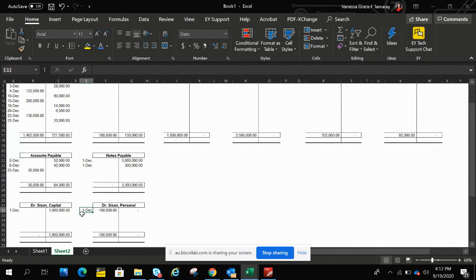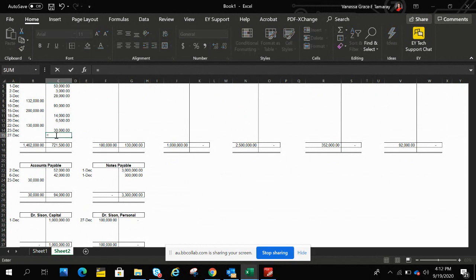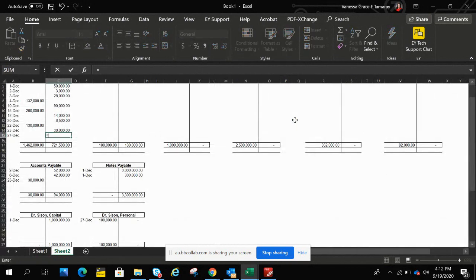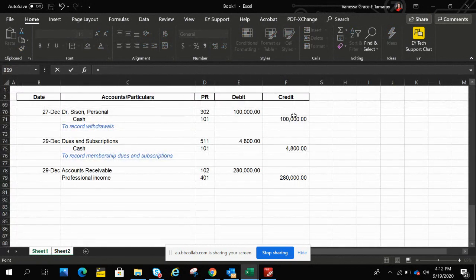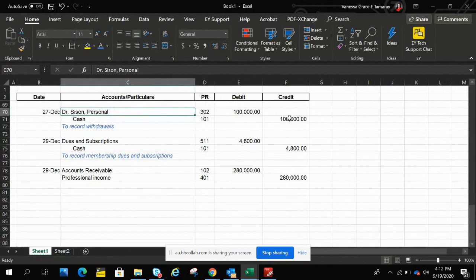Is 12/27. Credit, cash. Okay, and then last transaction.